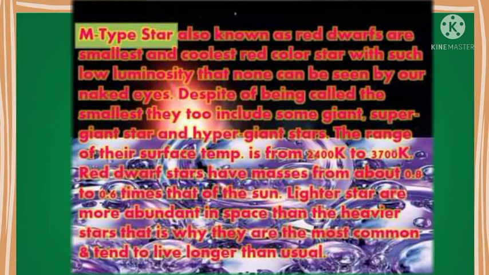The range of their surface temperature is from 2,400 Kelvin to 3,700 Kelvin. Red dwarf stars have masses from about 0.8 to 0.6 times that of the Sun.